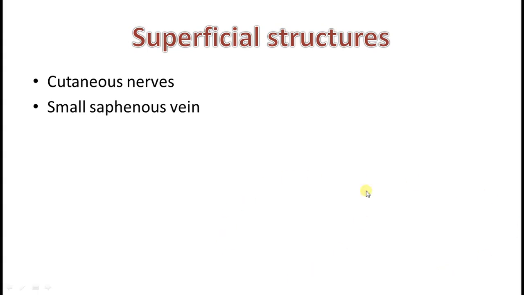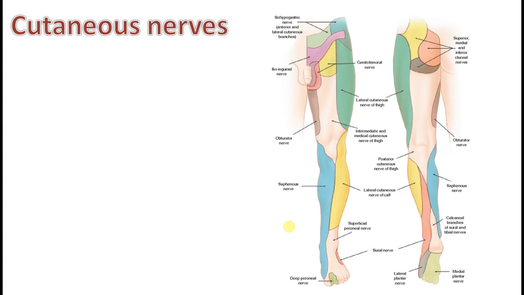One important superficial vein you come across in the posterior aspect of the leg is the small saphenous vein. Then a variable amount of fat is present. We will be discussing the small saphenous vein separately in the venous drainage of the lower limb.